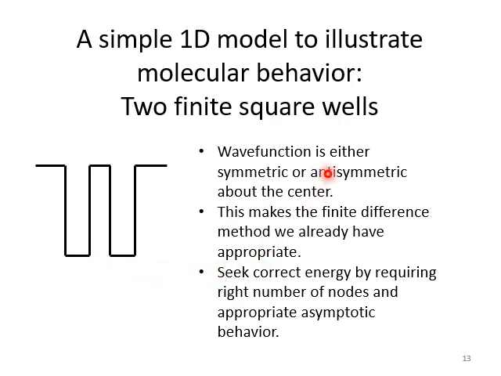Because the wave function has that simple symmetric property, it turns out that the method that we developed, the finite difference method that we already have for the Jupyter notebook that you worked on, is the same method. All we have to do is change the potential in it.